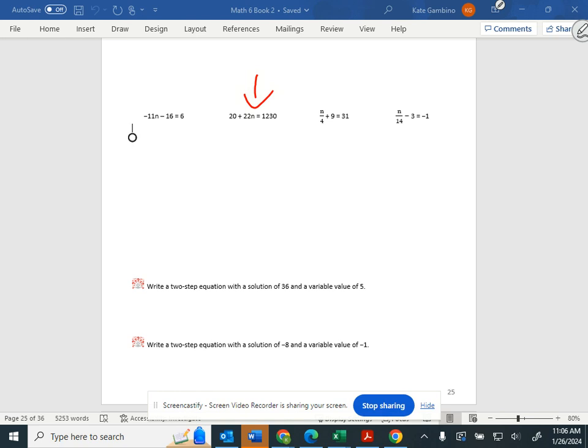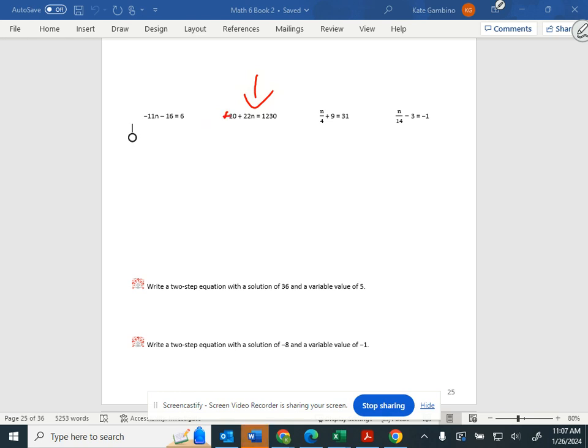Am I going to subtract 22n? Why not, Zelda? Because it has the variable in it, and we want to do the non-variable first. Because this is actually multiplying 22 times n, so we don't want to subtract that. So if we look at a positive 20, it has that plus sign in front of it.